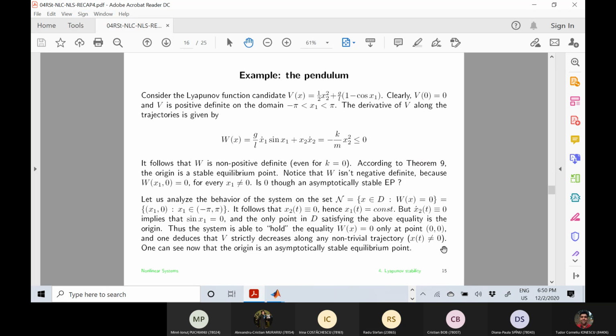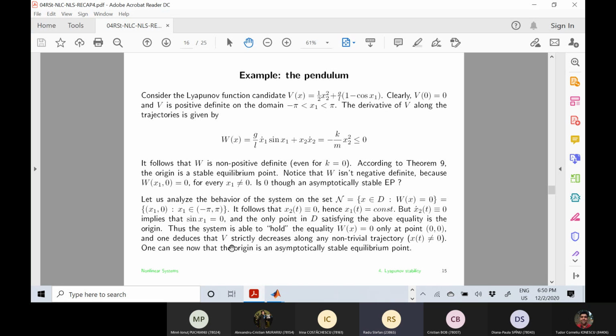So basically, our fear that V will not decrease along the trajectories is actually removed by the fact that if W equals 0, meaning that we have no strict decrease of V, it happens only on the trivial trajectory, precisely on the trajectory x1 equals 0, x2 equals 0.